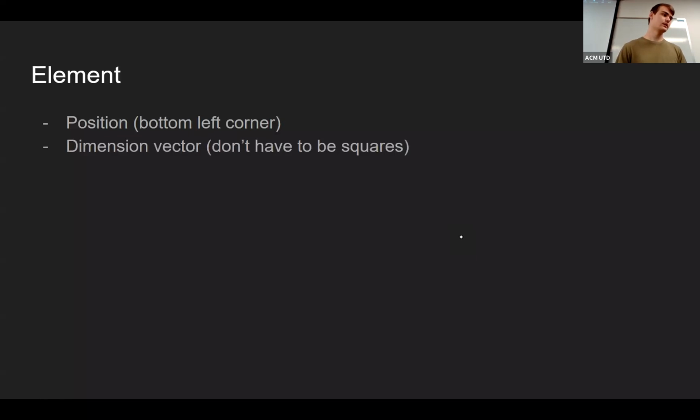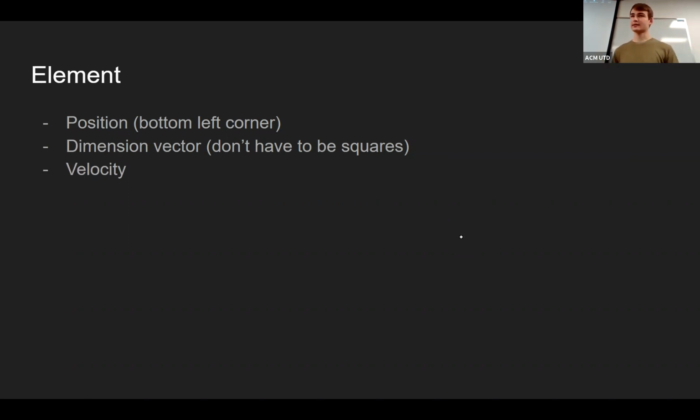Okay, so let's look at the element class, what that contains, and then we'll get into some of the methods of each class. So of course, an element contains a position, and it contains a dimension vector. They don't have to be squares, but for this example, I'm assuming they are all rectangles. So it'll have an X and Y position and an X and Y dimension. They also have velocity because we assume that they're moving throughout the world.